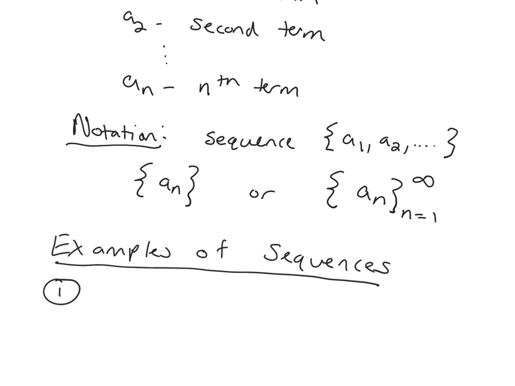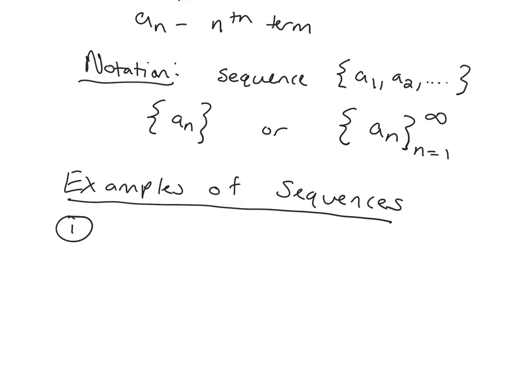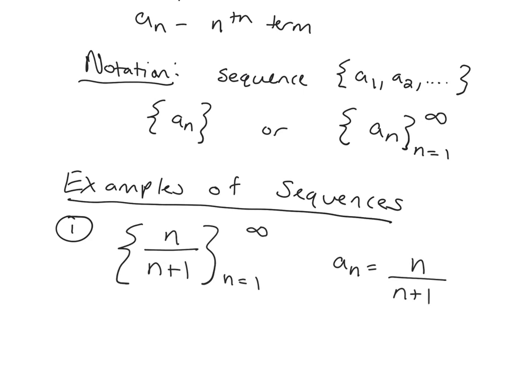The first one is going to be, using this last notation, n over n plus 1, n equals 1 to infinity. So what this is telling me is that the nth term of my sequence is given by n over n plus 1.